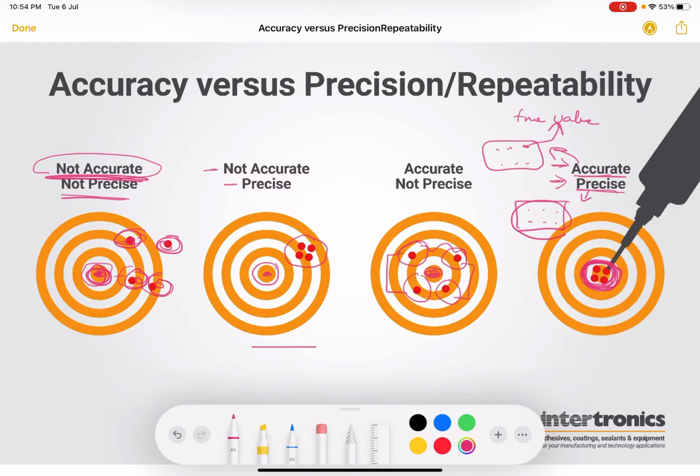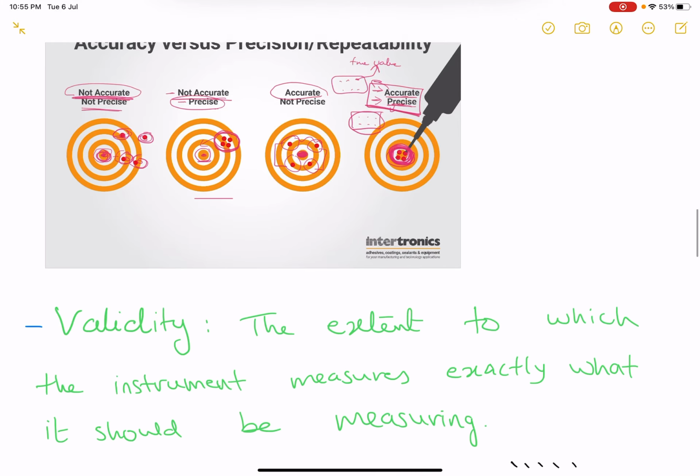When I look at this one, they are precise because they are close to each other, but they are not accurate because they are not close to the central value. Let's look at this one. They are not precise because they are far away from each other, but they are accurate because they are close to the center. Here, both of the conditions are met. They are accurate, close to the central value, and they are precise, close to each other. So that's all about accuracy and precision.